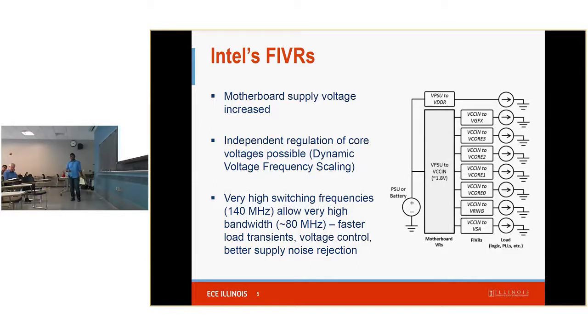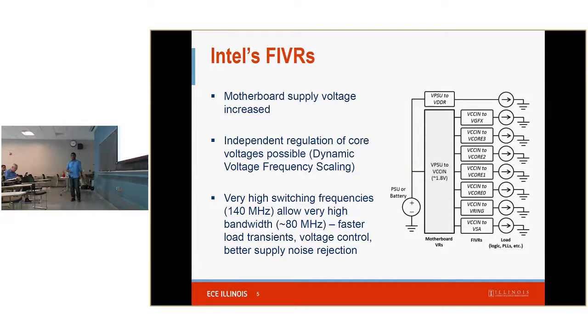on the chip itself. There are a few papers on fully integrated voltage regulators, which is what Intel is calling them, and the most recent paper says that they have integrated a 140 megahertz converter which has like 16 phases.